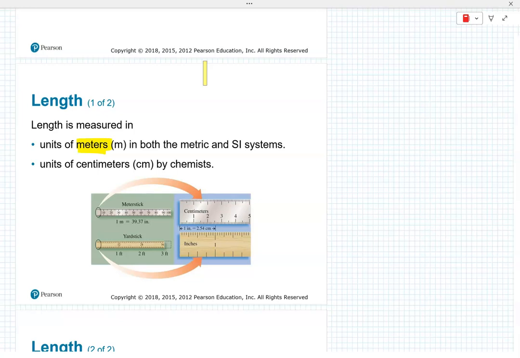My length in meters would be 1.79 meters. You can express my length in millimeters, which would be 1,790. It's ridiculous, but you can. So my point is that you use units also based on the size. You can go from millimeters to centimeters to meters to kilometers, depending on what you're talking about. In chemistry, we use centimeters for the most part.